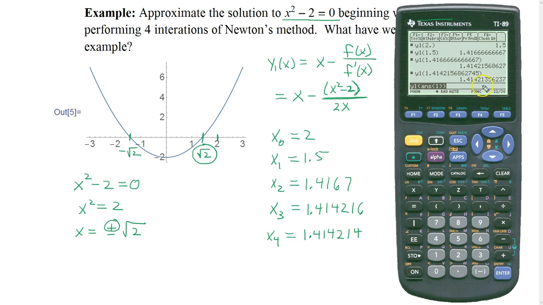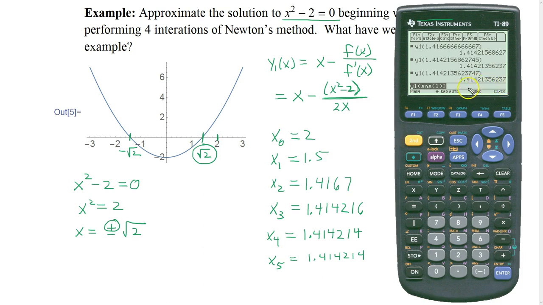Now, let's see how many times we have to keep hitting enter until this number stops changing. Let's see if we hit enter one more time. Oh, well, we see x4 and x5 are actually the same value, so x5 is also the same, rounded to 6 decimal places, and so we already have a high degree of accuracy.